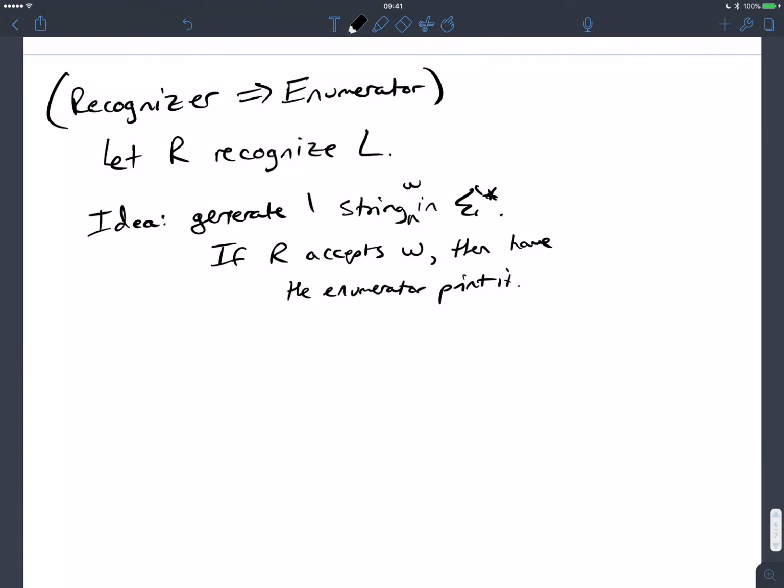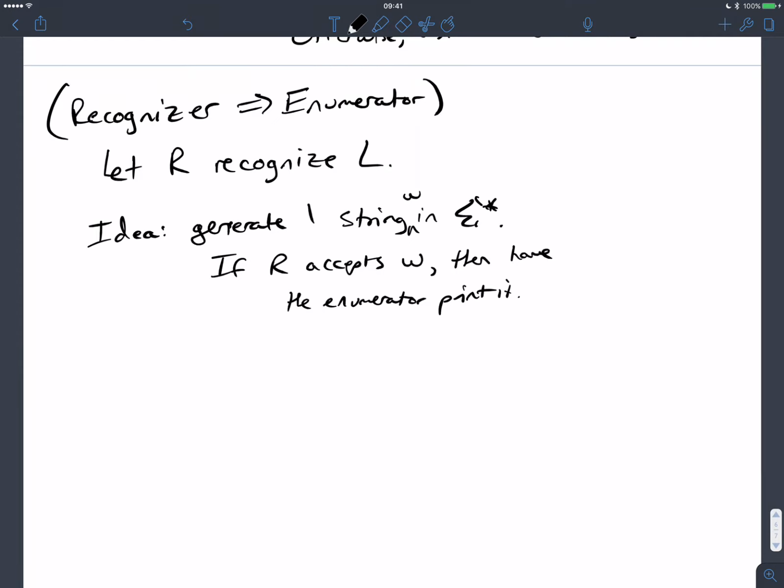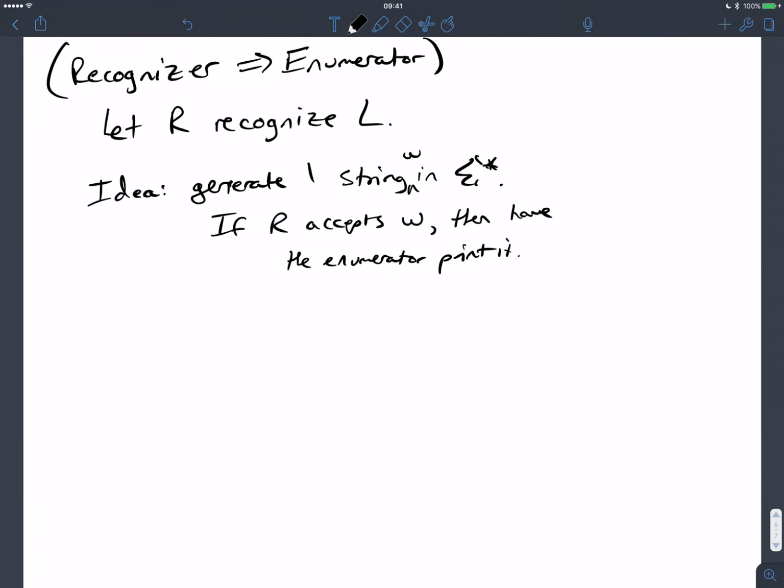Then I violated the condition that for any fixed string, it'll be printed in a finite amount of time. So I don't have an enumerator now. But is there a better way? We're going to use an idea that's called run everything in parallel.